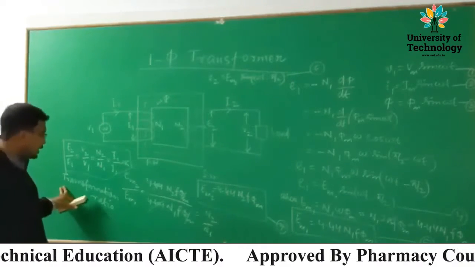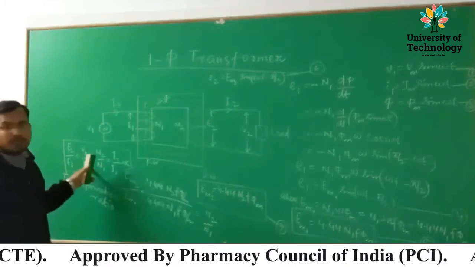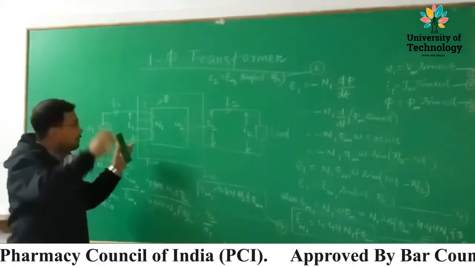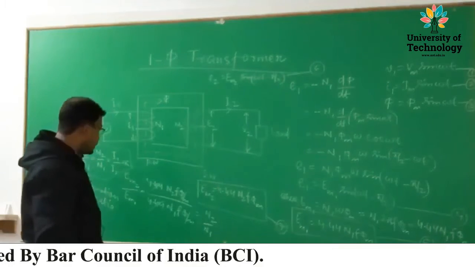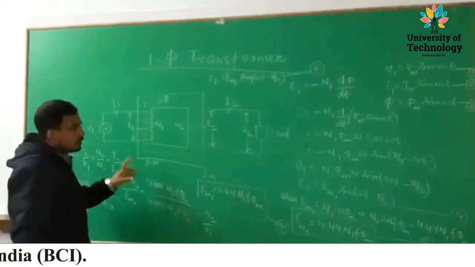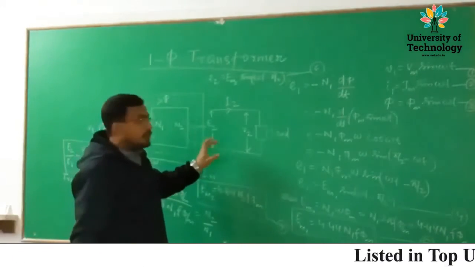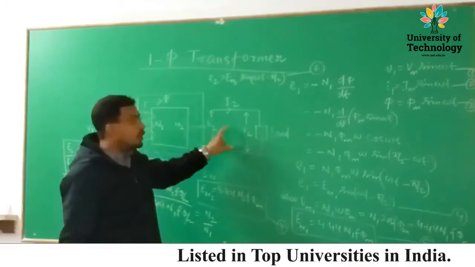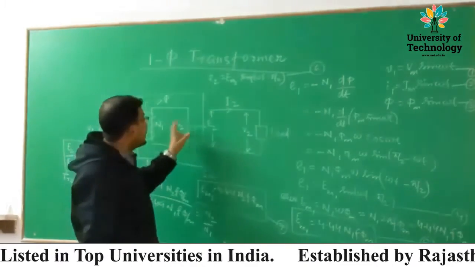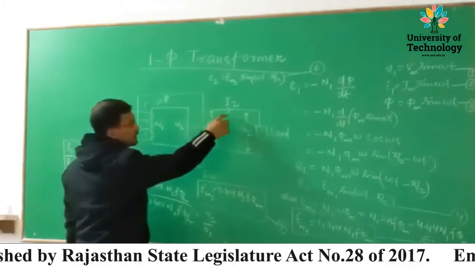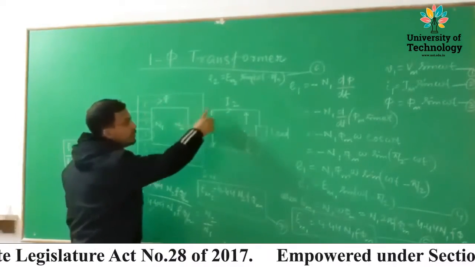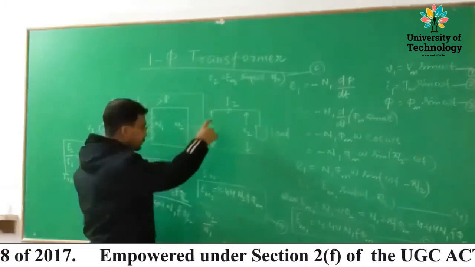Now the phasor diagram of the transformer. Before going to the phasor diagram, we will see how this flux gets changed due to the current I2.